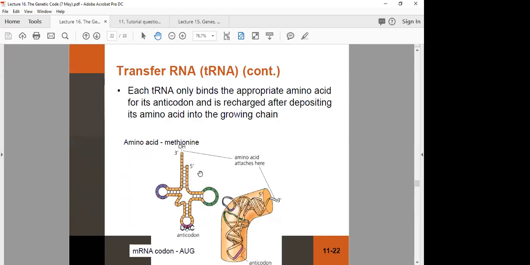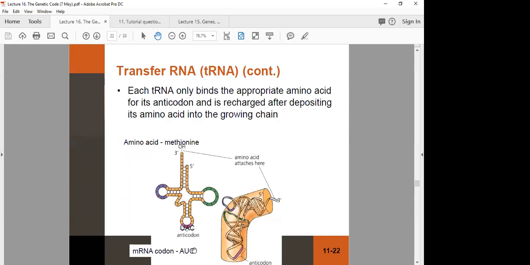And sure enough, what is this transfer RNA carrying? It's carrying the amino acid called methionine. Let's go back to the anticodon. UAC is complementary to AUG, which means that this particular transfer RNA molecule that's carrying methionine can actually bind to this codon within the messenger RNA.